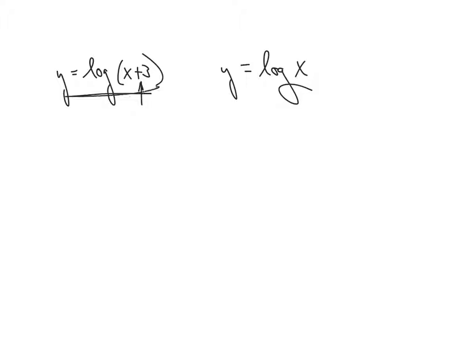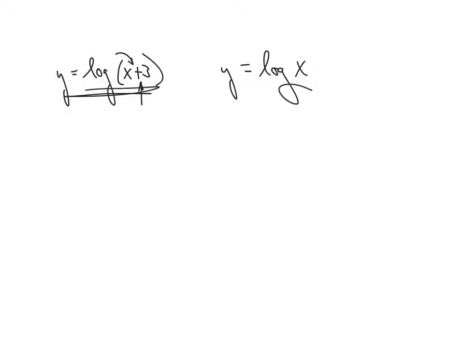A, y equals the log. That 3 there tells us that if we had y equals log of x and we are comparing it with this, we added 3 to the x, which means we shift it 3 units to the left.